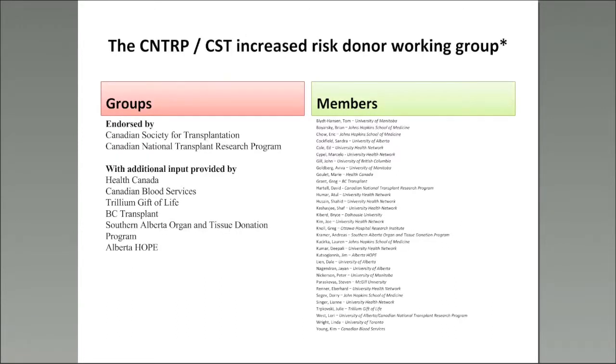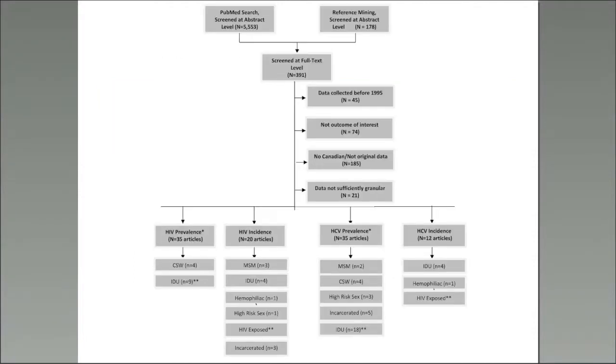Based on this, the CNTRP and the Canadian Society of Transplantation developed a working group to look at increased risk donors, and I've just listed the members here as well as the different societies that were involved. One of the things that group did was a mathematical risk modeling to determine residual risk in a Canadian population.